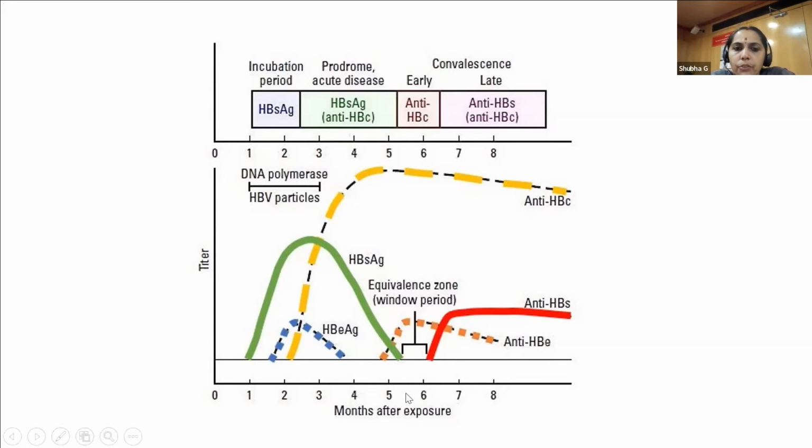And in this period, to detect the patient with infectivity, we either need to do an anti-HBc, which may be positive, or sometimes we have to look for the viral DNA. And of course, as we saw, as the anti-HBe gets secreted, the HBeAg disappears from the blood.